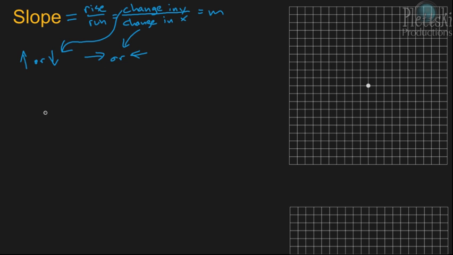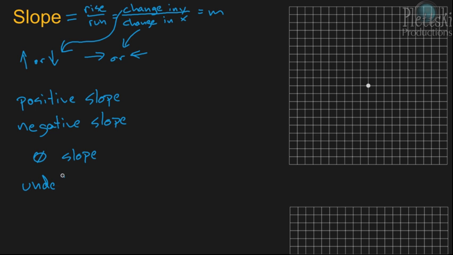Now, you can have positive slope, you can have negative slope, you could have zero slope, or you could have undefined slope.